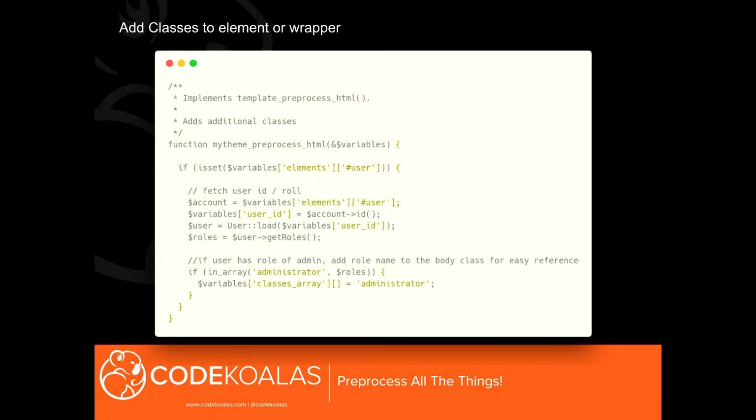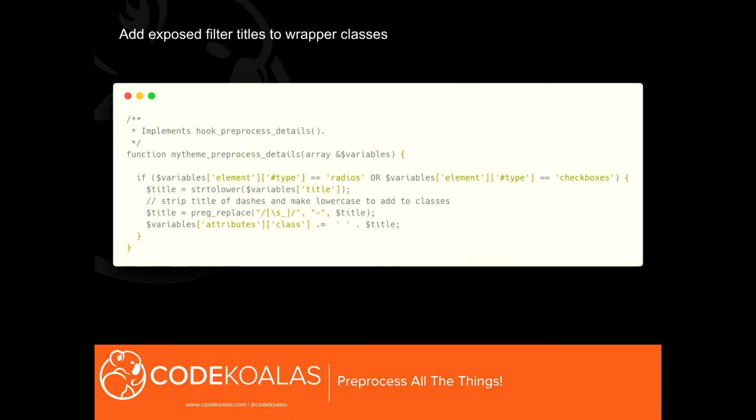And I'm saying if the variable element type is a radio button or a checkbox, then I'm going to grab the title, because we have that value exposed to us in this variables array. Use preprocess to strip dashes or spaces and make everything lowercase, putting dashes in instead of spaces so it can be a class. And then I just add that here to variables attributes class.